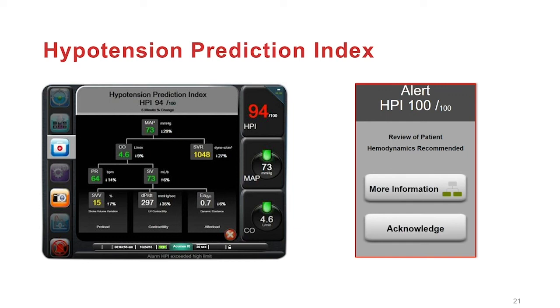As HPI increases on a scale of 0 to 100, the chance of an event becomes more likely. The event that HPI measures is a mean arterial pressure of less than 65 for greater than 1 minute. So as HPI increases, the chance of this hypotension event increases and the time to the event decreases. Conversely, as HPI drops, the chance of becoming hypotensive is diminished, and if it does occur, the time to it is extended.